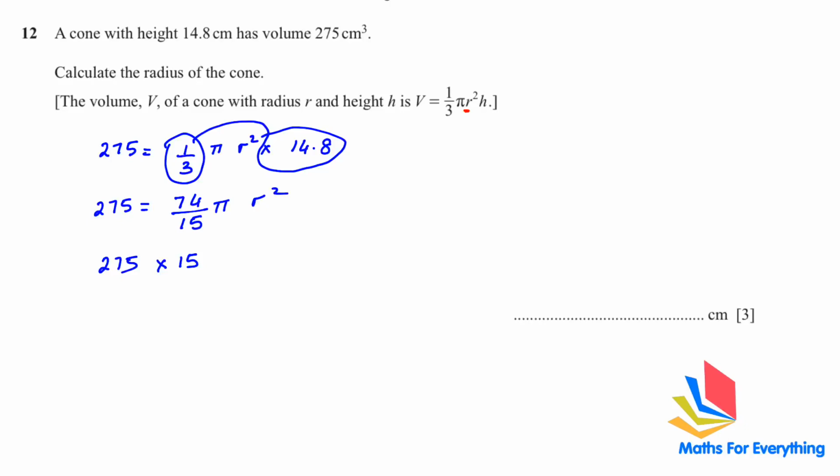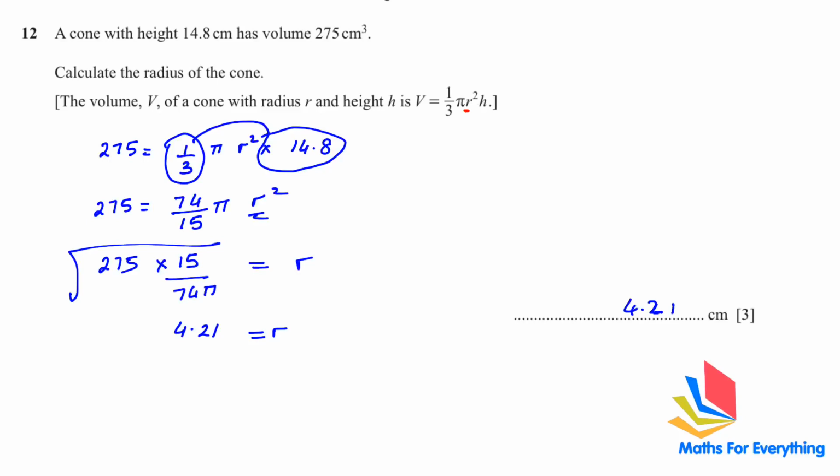And whatever is in the numerator will be written in the denominator. And this is r square. So I want r, not r square. So we are going to square root this answer. And you will get r is 4.21 centimeter. This is one way of solving.